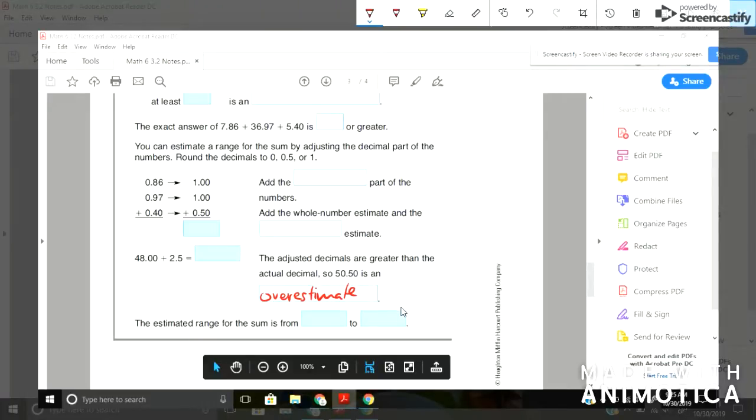So the range there for the sum is 48 to 50.50. So the actual answer should be somewhere in between those numbers. All right, that's kind of how you do a front end estimation.